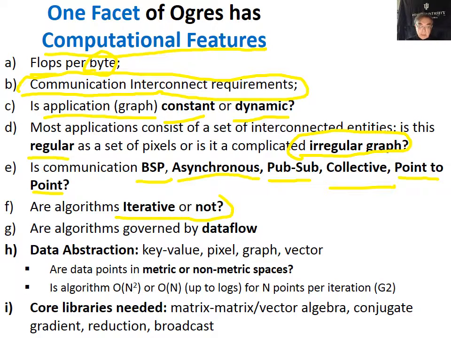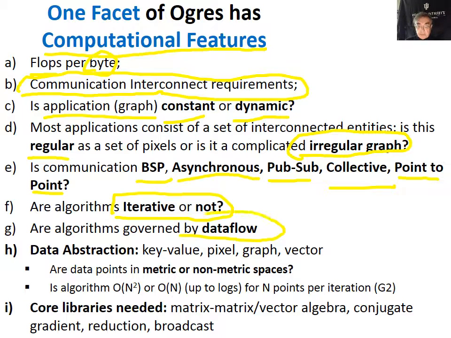We need to know whether the algorithms are iterative, which is what you get when you do parallel linear algebra and things like that, or parallel differential equation solvers, or are they just like MapReduce? They do essentially a single map or compute and a single communication, and then they stop.